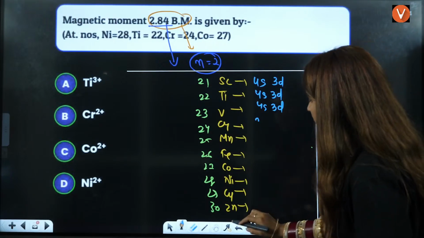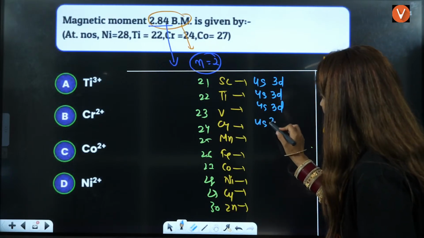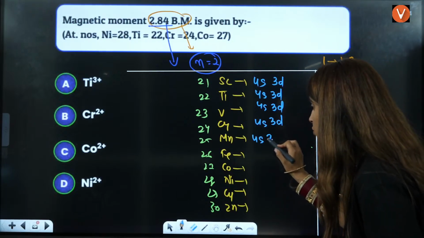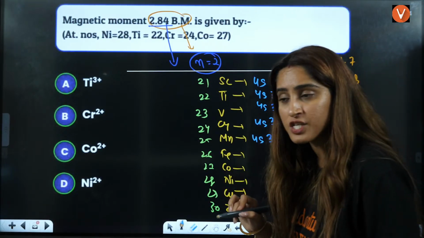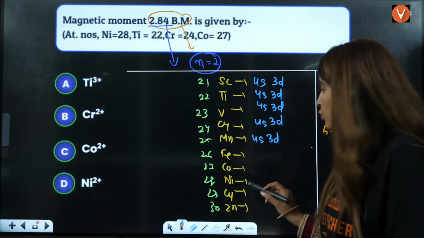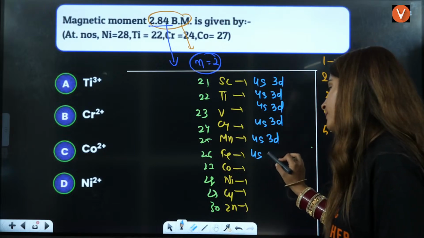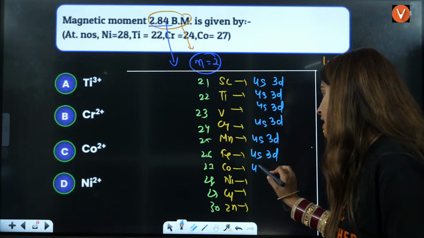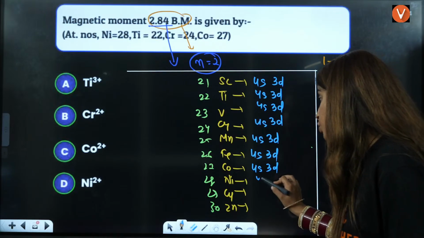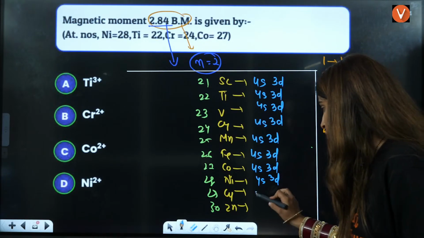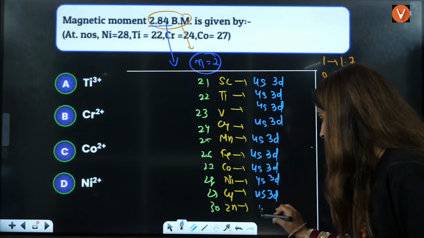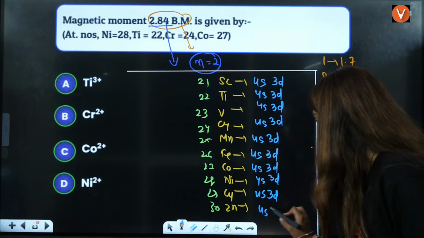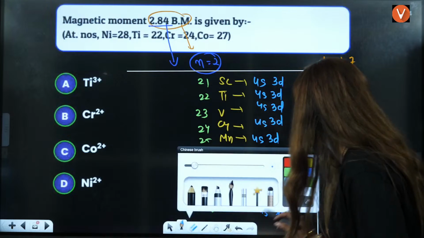Beta, this is very, very important what I am writing now, because it is going to solve almost most of the questions. If you don't know this, then you won't be able to do the d and f block, or you will lose marks in VBT also. VBT is impossible without knowing the electronic configuration of the 3d series.